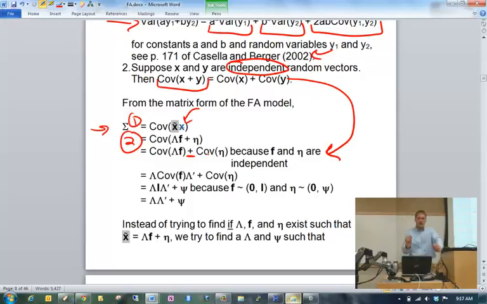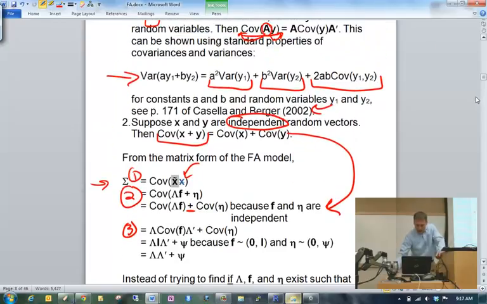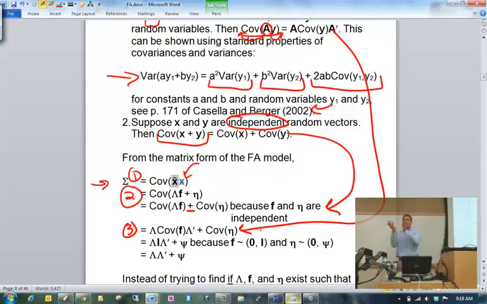Now in step 3, using the result that we also had from all the way up here, these lambdas are parameters that we will want to estimate. Parameters are constants. When we pull those lambdas out of that covariance, we have lambda times the covariance of f times lambda prime.